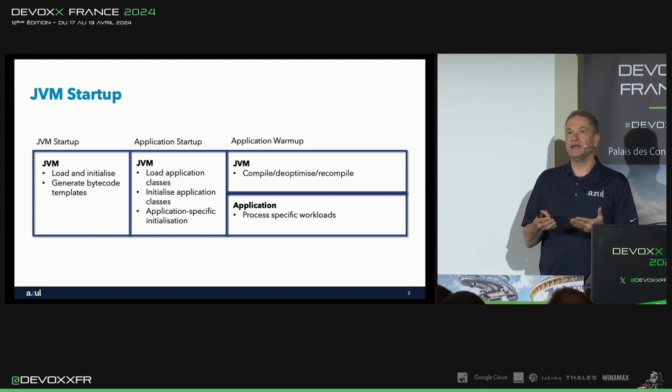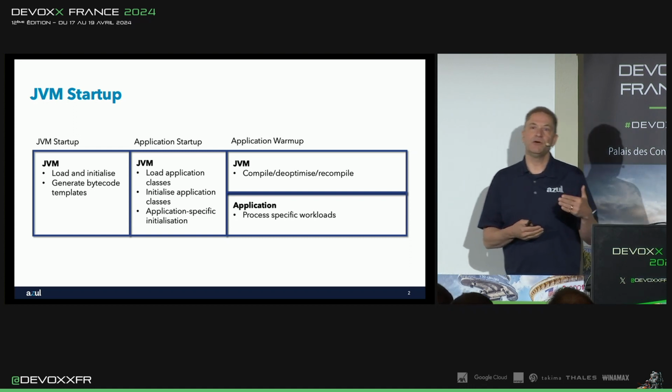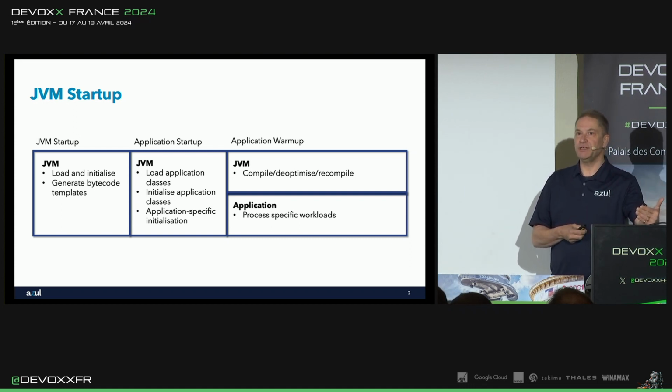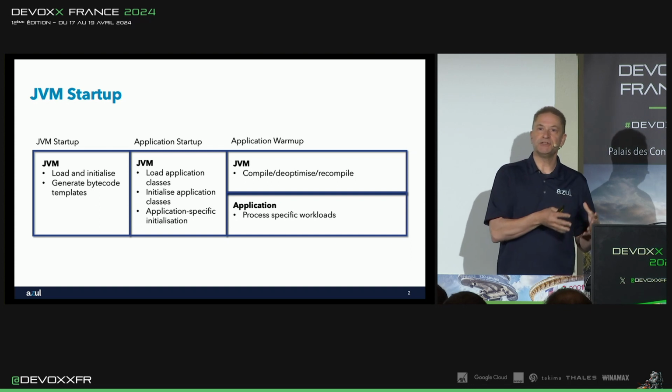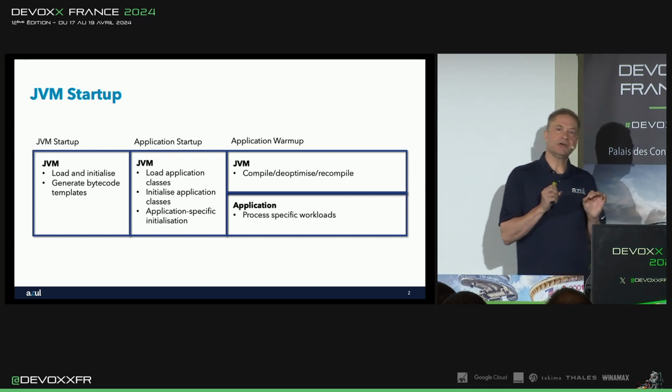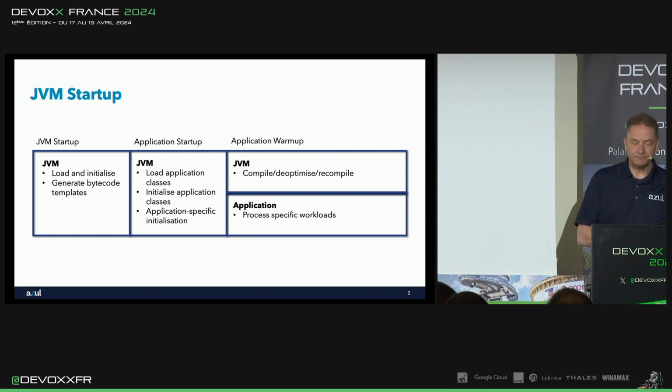And the reason for that is that you can have different microarchitectures underneath. So even though you're running on an Intel 64-bit processor, depending on which microarchitecture it is, you may have some different instructions that can be used to improve performance. So those templates are generated each time. That's really the only kind of performance benefit you get from the way that the JVM starts up.